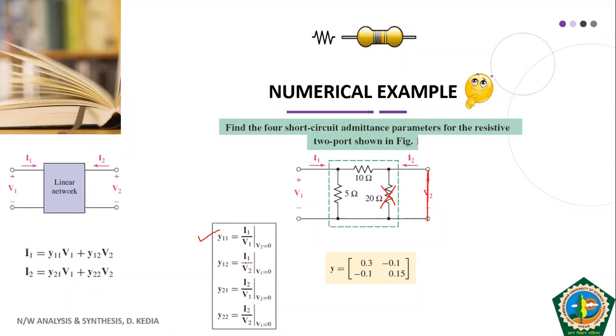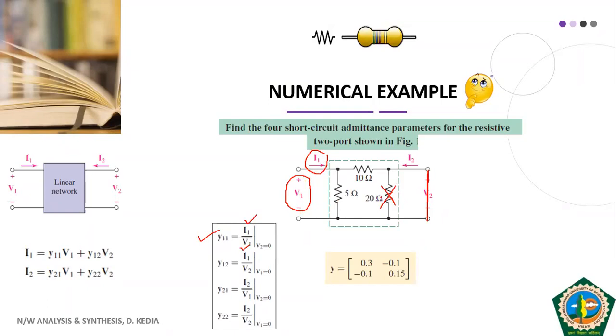Now Y11 is nothing but I1 upon V1, so we need to have V1 and we need to have I1. If we want the ratio of I1 upon V1, that is nothing but admittance, and it can be calculated directly.